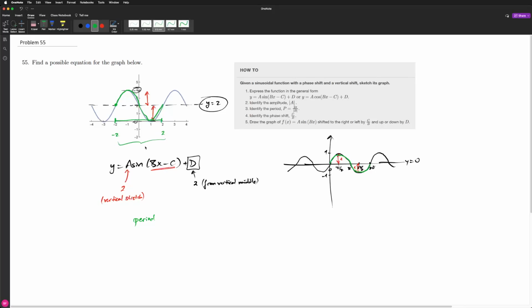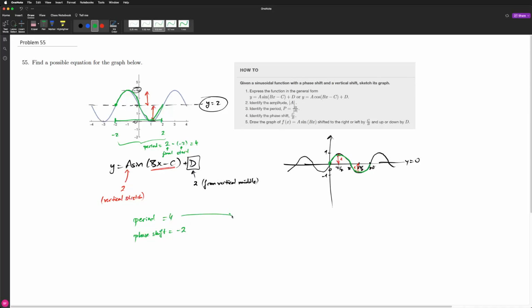That makes my period final minus start. How much did I move? 4 units. And my phase shift is where my period starts instead of 0. And from there, we can figure out B and C.